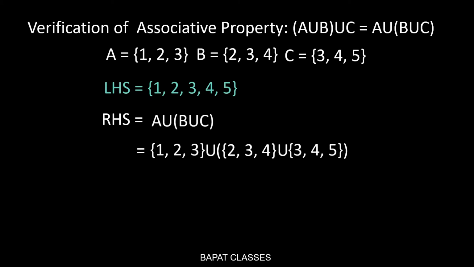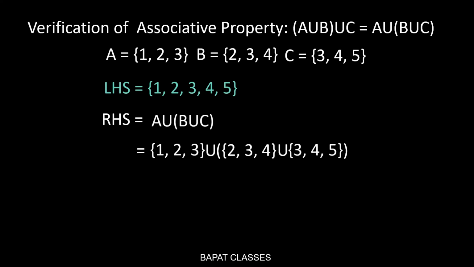Now we are going to simplify expression in brackets first. That is, we are going to find out B union C first. In sets B and C, there are 6 elements, 3 elements in B and 3 elements in set C. But 2 elements are common to them, 3 and 4.